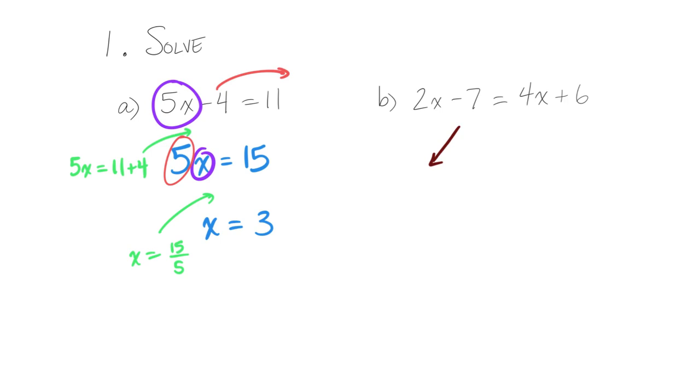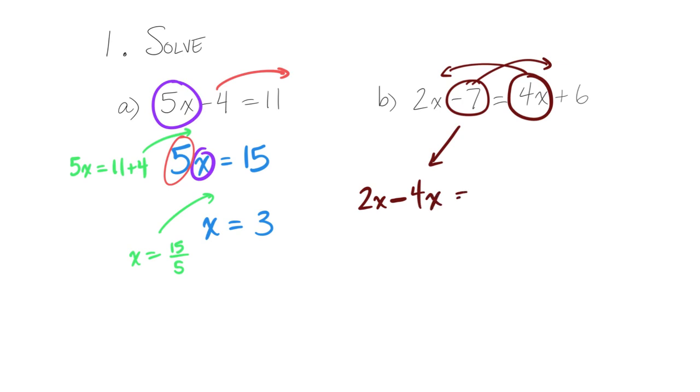If I was a left side variable person, then I would be motivated to say, I want to get all my variables onto one side, which means I need to get all my constants onto the other. So I would be motivated to say, I already have the 2x on the left. To get rid of a plus 4x, I need to minus 4x.